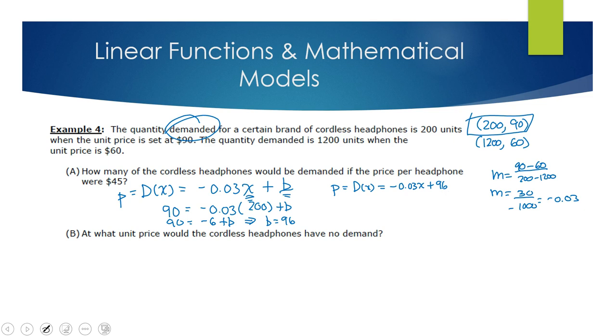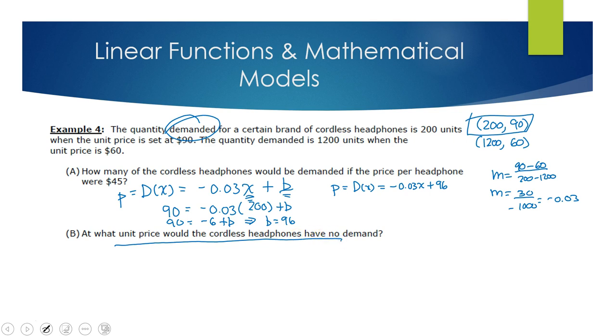So essentially, what we're doing here, if x were to be 0, which means nobody would want it, and this is what we're going to get to in the next question. Nobody would want it. X is 0. Then that price would be $96. Okay, because it asks what unit price would the course be to have no demand.